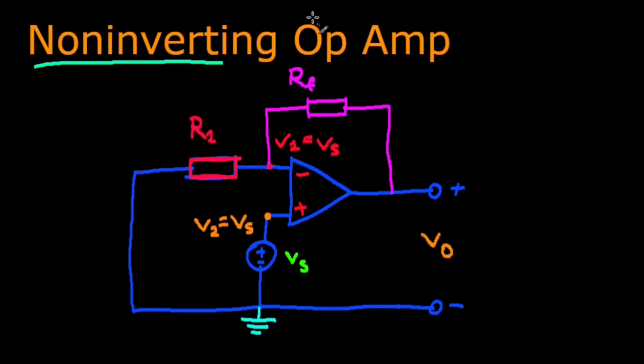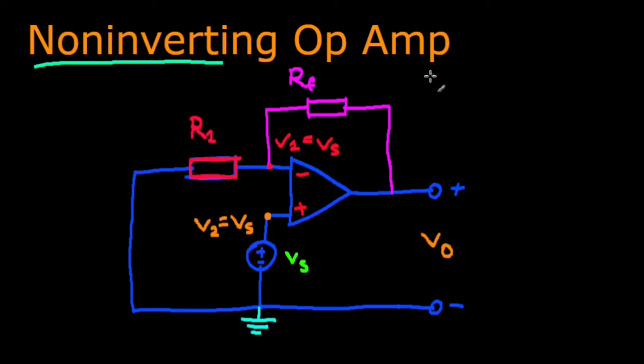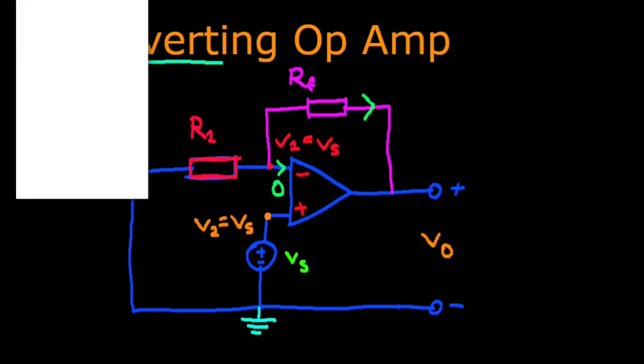We have a current that's, let's say, going here. We have another current here, but that is zero, as we know, the input currents are zero. And let's say we have a current entering here.